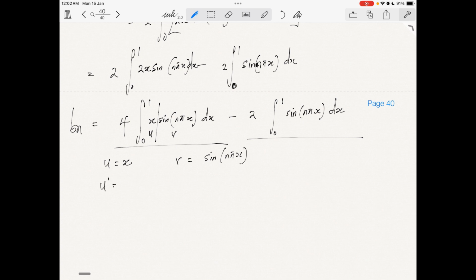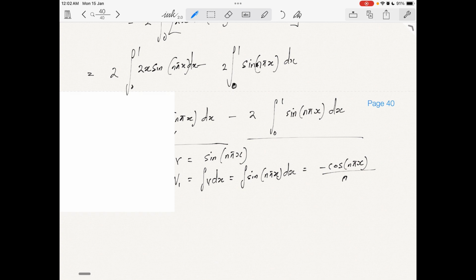So u prime is equal to 1. v1 is the integral of v dx, which is the integral of sine n pi x dx, and this is going to give us minus cos n pi x divided by n pi, or pi n.